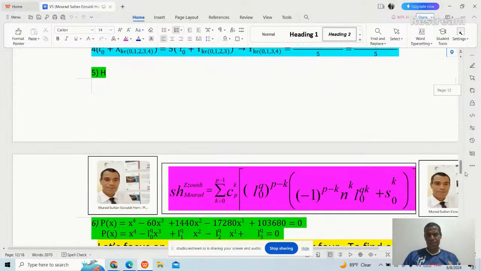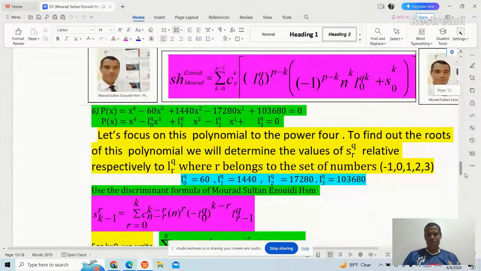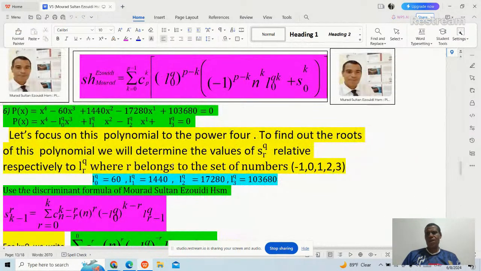So here, learners, we have an example. The example is a polynomial to the power 4: P of x equals x raised to the power 4 minus 60x cubed plus 1440x squared minus 17,280x plus 103,680.